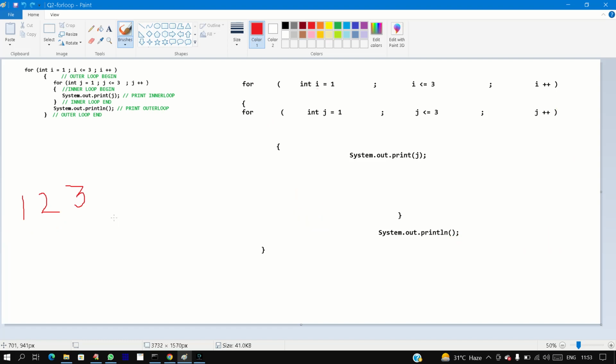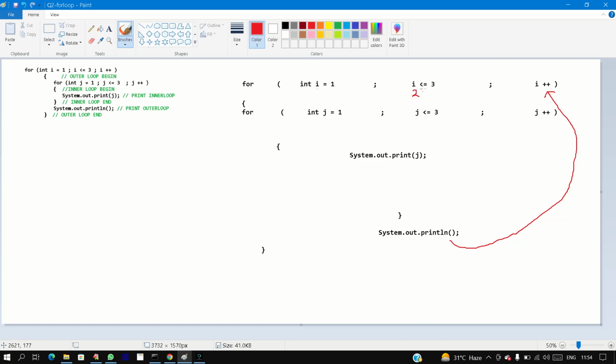Now what will be happening? This System.out.println of the outer loop guides that you have to go to updating. Now because of this i++, I will be telling i that dear i, whenever you are used again, you make yourself 2. You have to increment yourself by 1. So now what will happen?